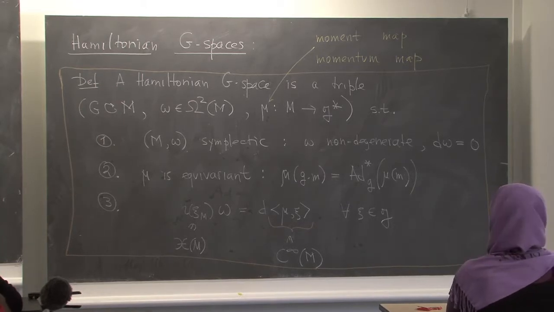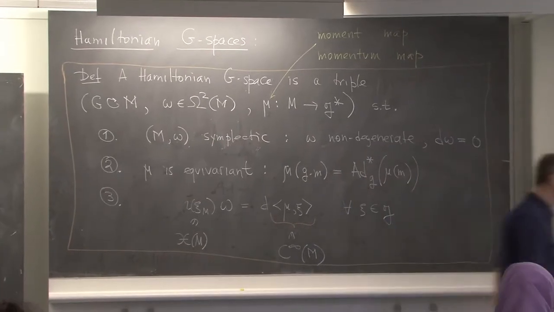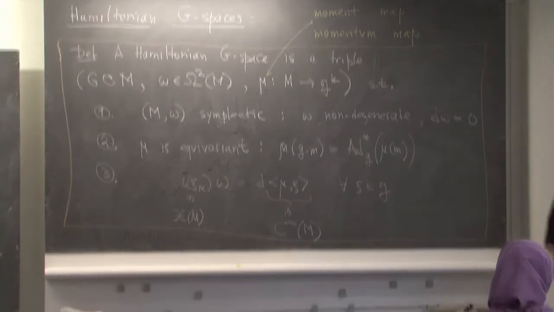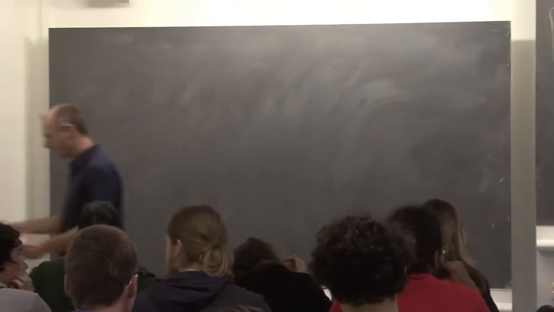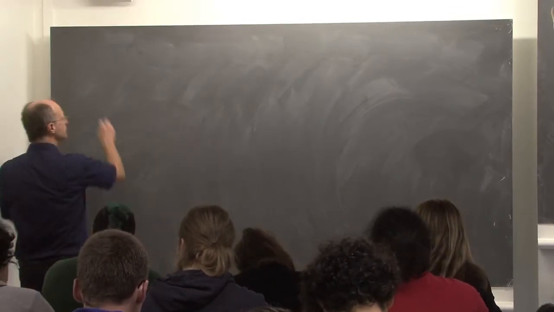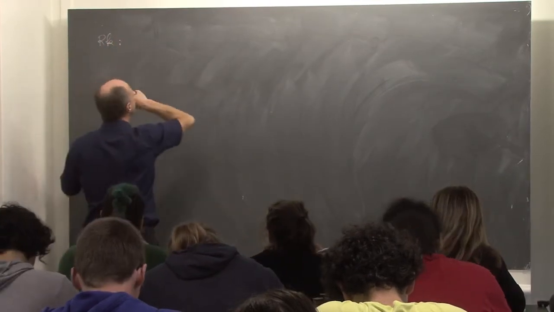Okay, so let me start discussing some simple properties of those Hamiltonian G-spaces and of moment or momentum maps. So first of all, let me start with a technical remark.